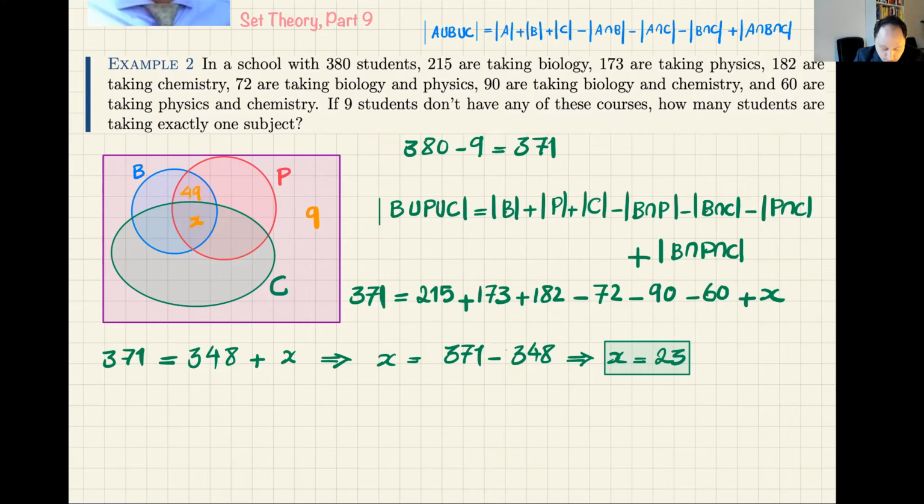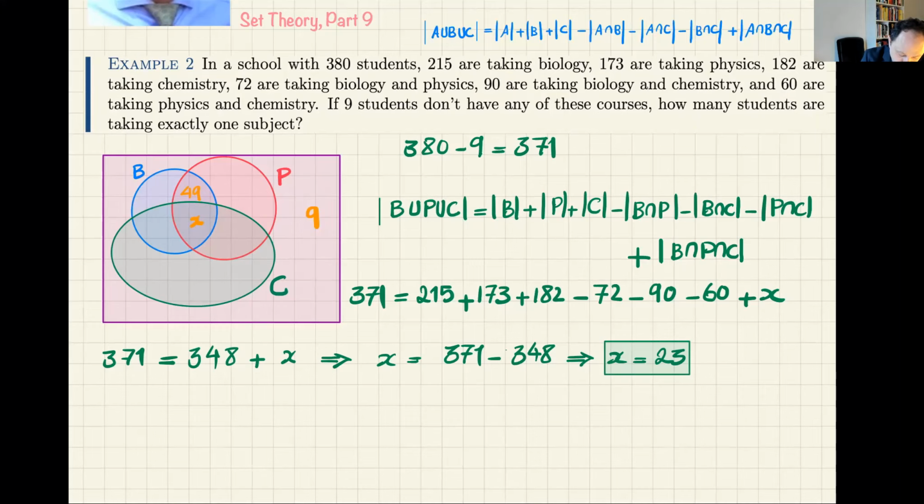Now, the same thing I can do here. If I want to find how many people are here, I look at the intersection of biology and chemistry, and then I see that biology and chemistry is 90 people. But 23 is here. I need to write 90 minus 23, which is 67.